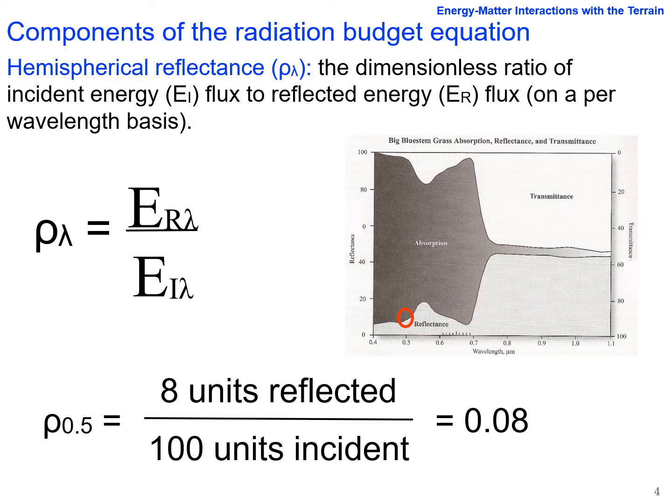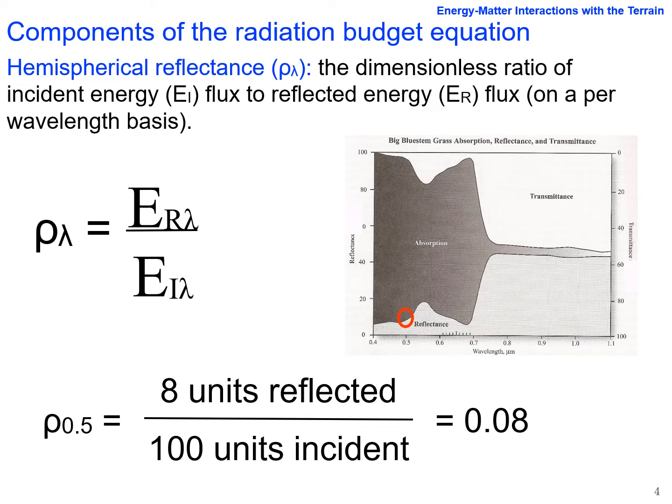We often use the term reflectance, the percent of light that's reflected from an object. Very often we are talking about hemispherical reflectance, and that's that little rho lambda, that's reflectance as a function of wavelength. So this is a dimensionless ratio of incident energy flux to reflected energy flux.